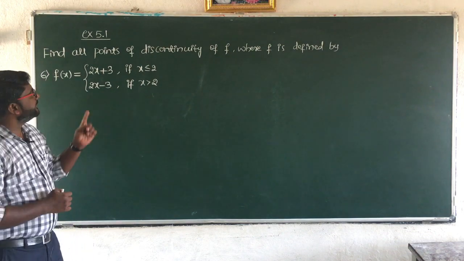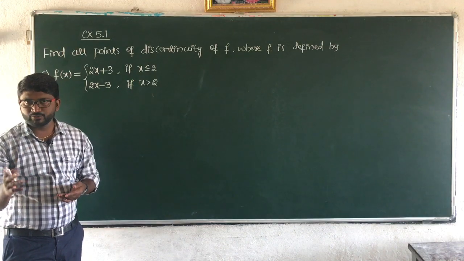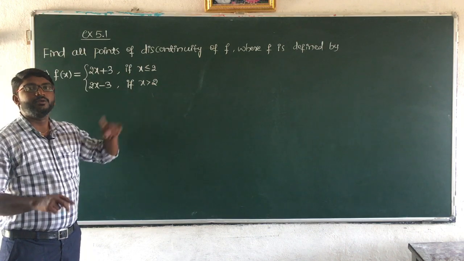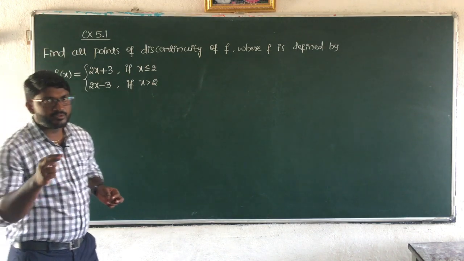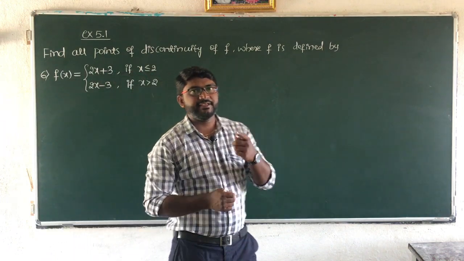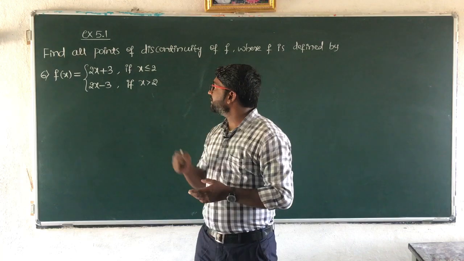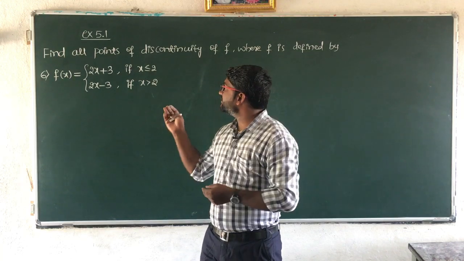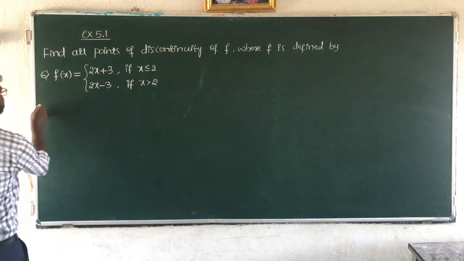The function is defined for all the real numbers: c less than 2, c greater than 2, and c equal to 2. So overall we get three cases. Case 1 is c less than 2, case 2 is c greater than 2, case 3 is c equal to 2. So let us go for all these three cases now.